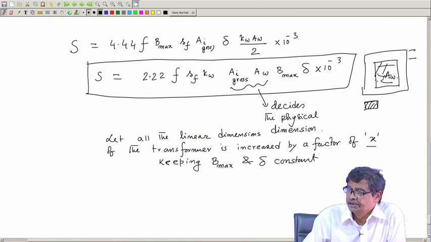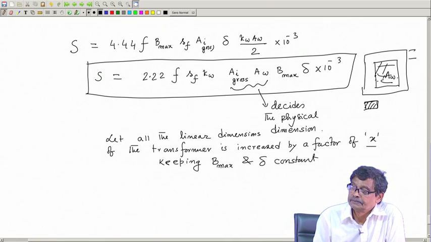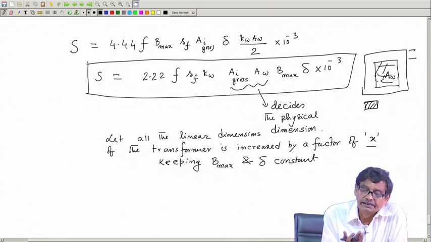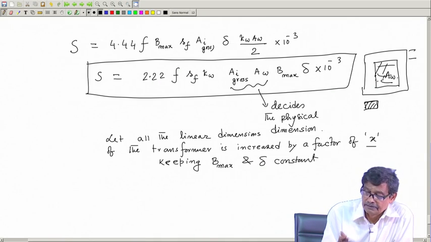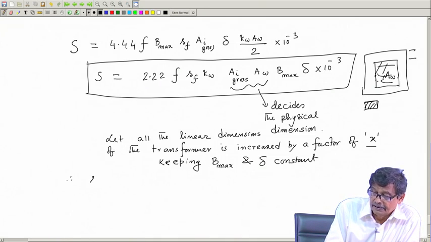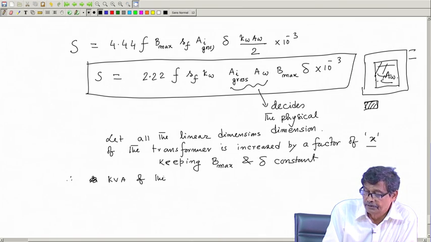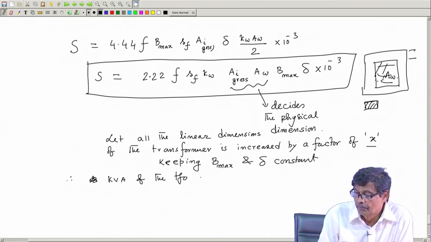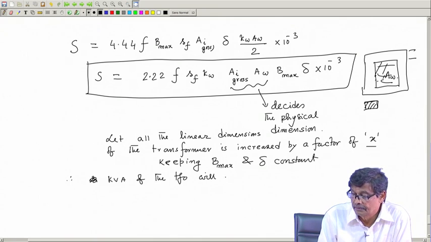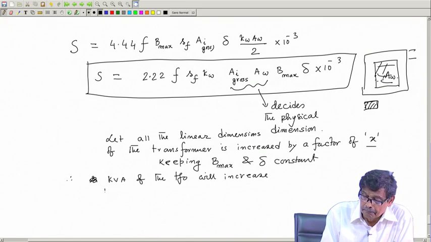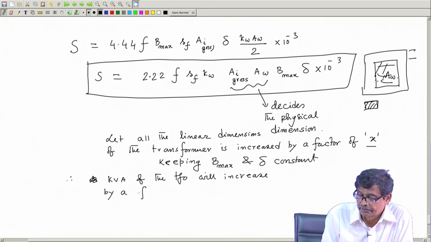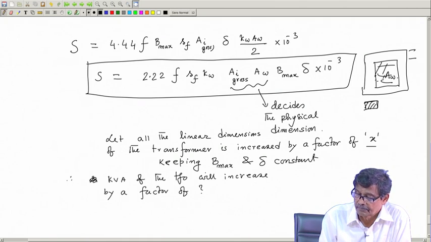So, if you increase all the linear dimensions by a factor of x, what do you think the size of the transformer will be? So, the size, kVA, of the transformer will increase by a factor of what?